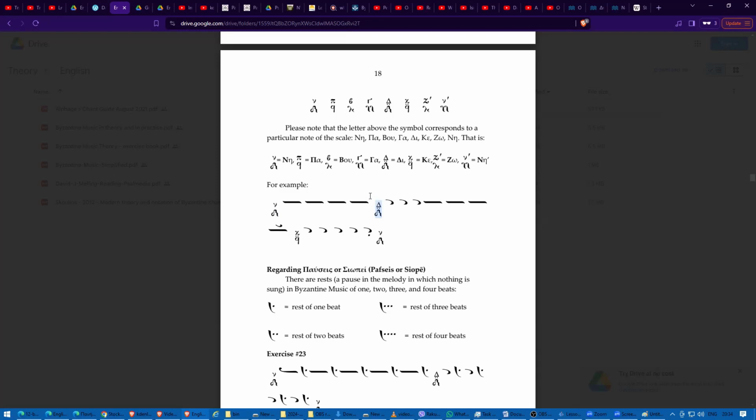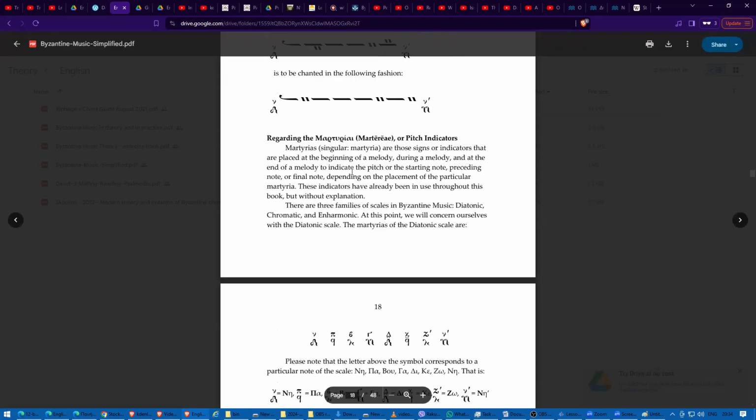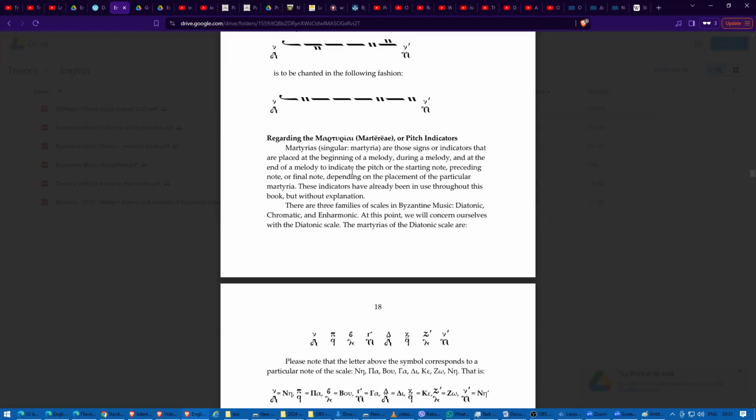So if I see this here, which is a delta, and I say the di here, then I know that I'm correct. Right. Okay. But yeah, we'll go through more complex exercises as we move on and as we progress. No need to worry about anything like that for now.